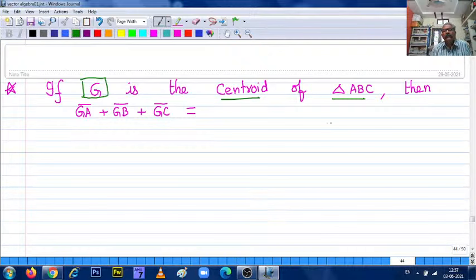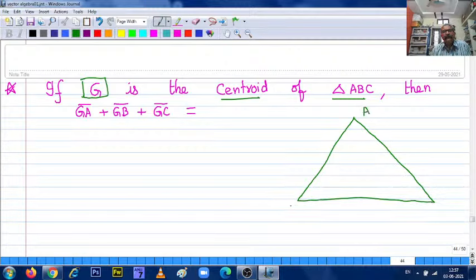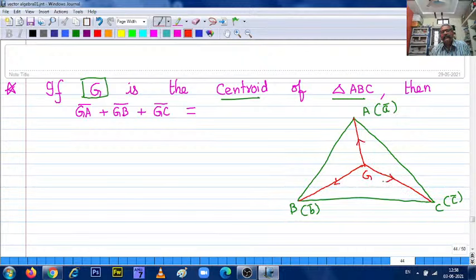Now you take the triangle. Let us consider triangle whose vertices are A, B, C. Let us say position vector of A is A bar, this is B bar, this is C bar. Now you join the centroid like this, G. This is GA, GB and GC we need to find out.